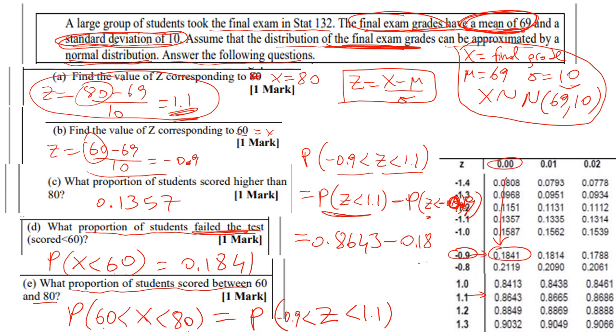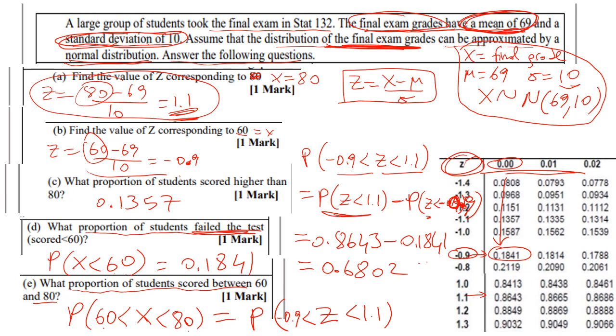If you have difficulty using the first row and first column, please check out the examples in the slides. We have plenty of exercises. Please look at them and you'll get it. The final answer will be 0.6802.